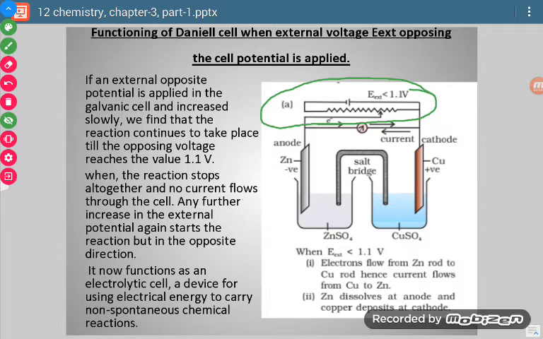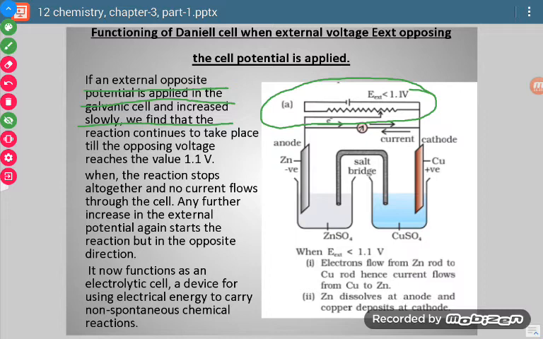Okay. Now when external opposite potential is applied to the galvanic cell and we keep on increasing it slowly, then what observations are there?